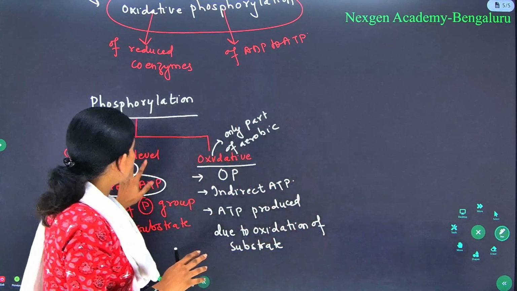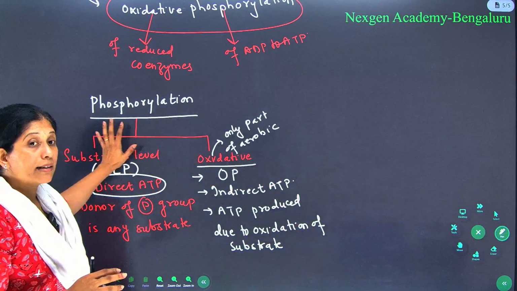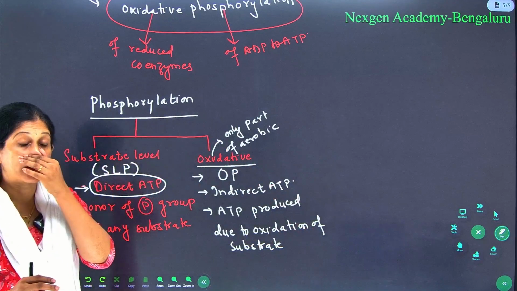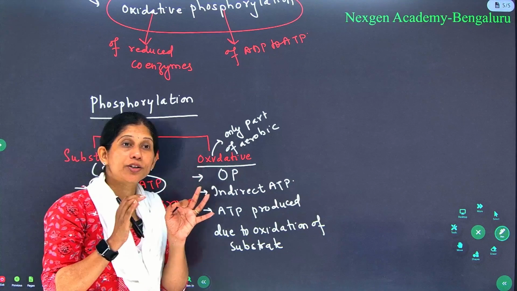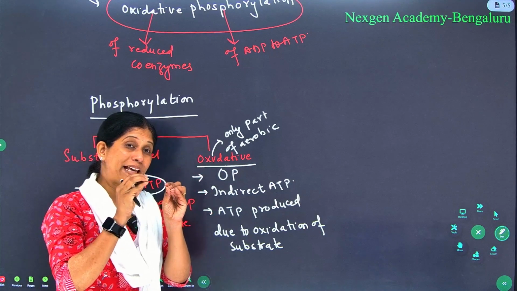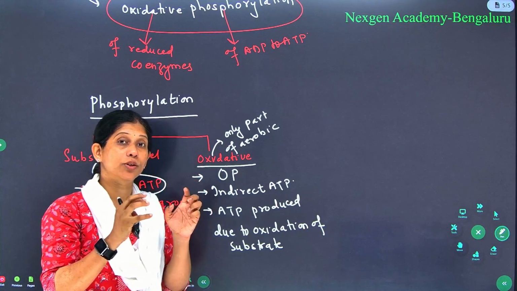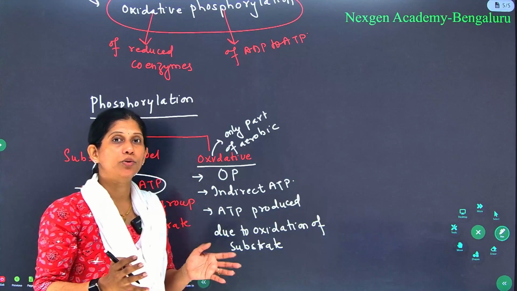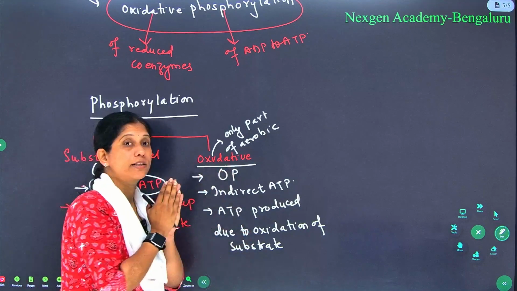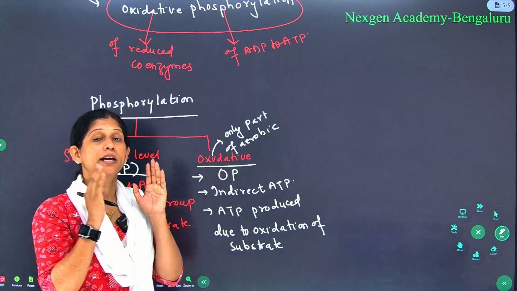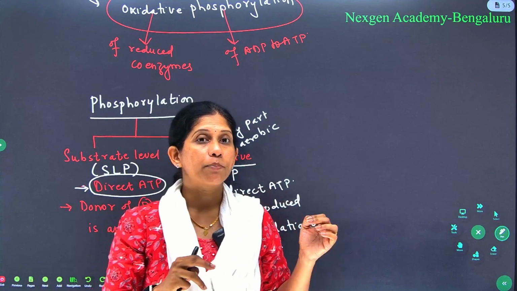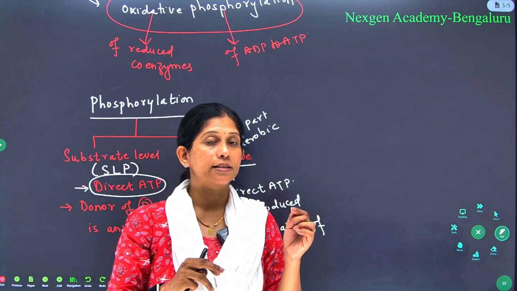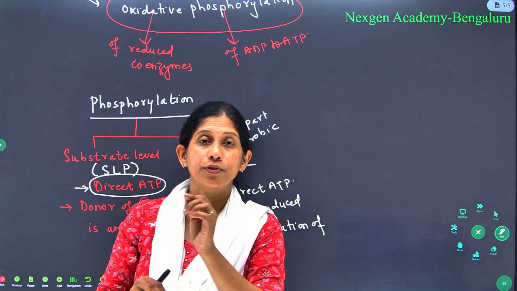So this is in general about your type of phosphorylation. When we talk about respiration, the phosphorylation that is making much difference, which is generating a high amount of ATP, is your oxidative phosphorylation. Similarly, when we talk about photosynthesis, if you recall, the type of phosphorylation in photosynthesis is called photophosphorylation.